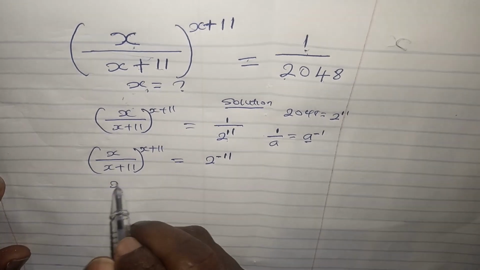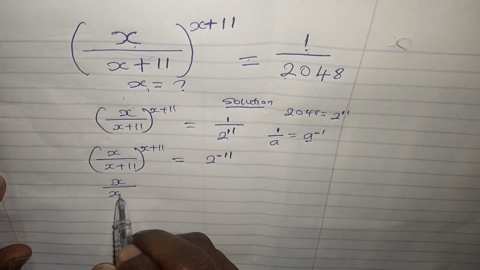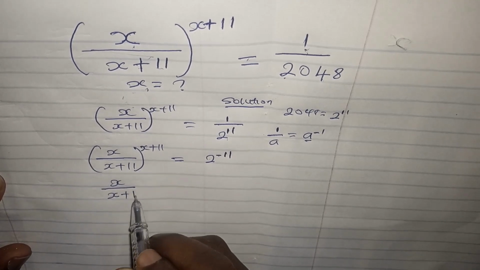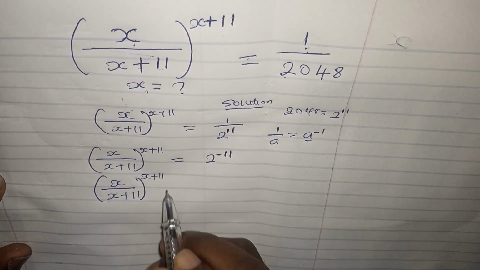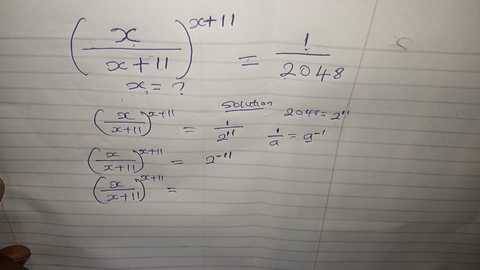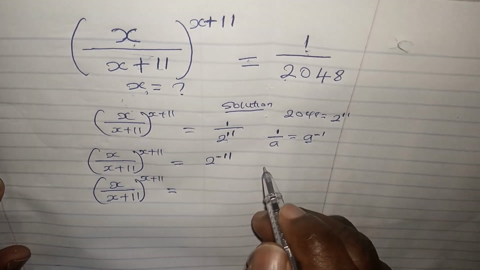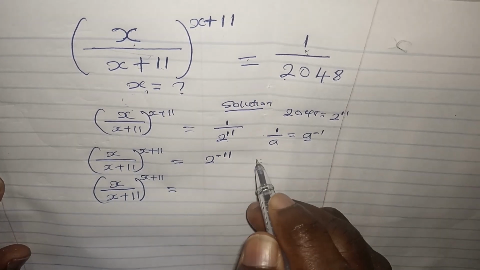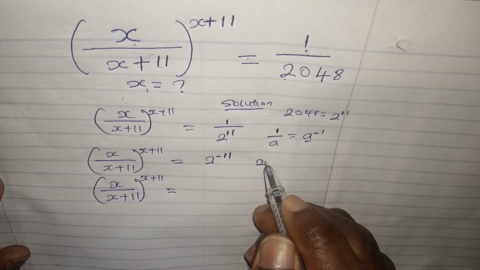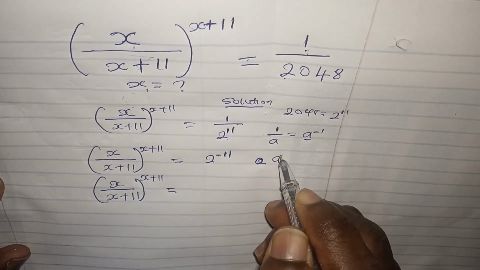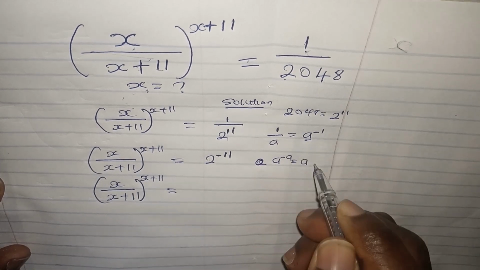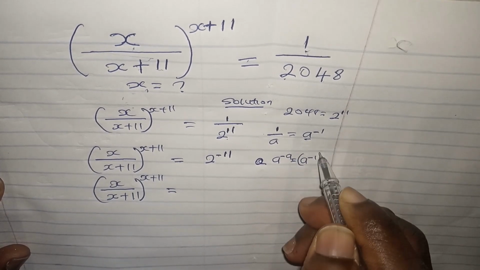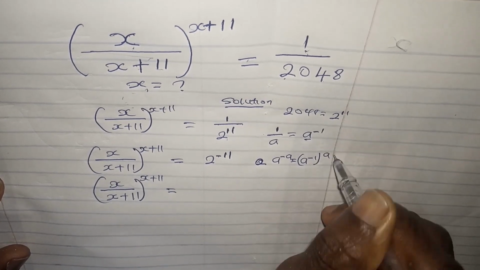Since we've gotten this, we can write (x over x plus 11) all to the power of x plus 11 is equal to, recall, we can write a to the power of negative a as a to the power of minus 1, or to the power of a.